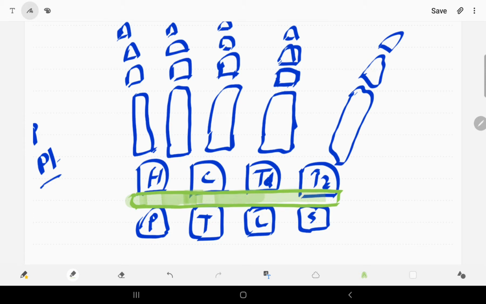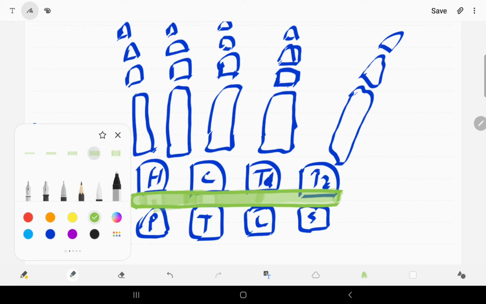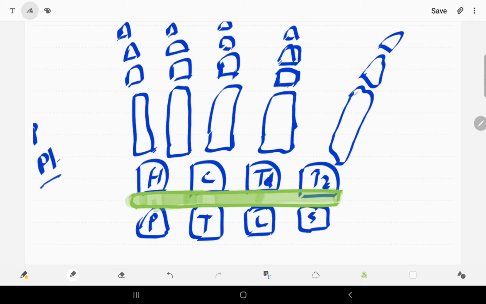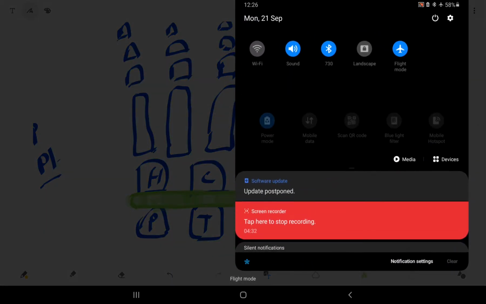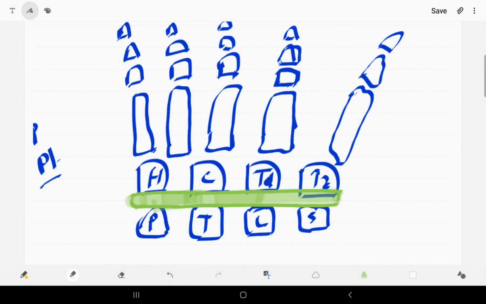Now I am going to draw the schematic insertion and origin of the three thenar muscles and three hypothenar muscles.